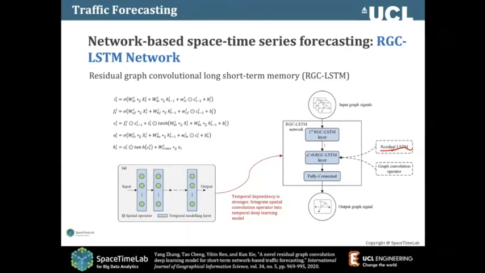And then we define graph convolution operators, which have some special arrangement to make the weight sharing much faster. We put them together, and this is an integrated space-time network-based model. Again, you can read the paper. In this way, we moved from the grid to graph, and from graph to space-time graph, okay?